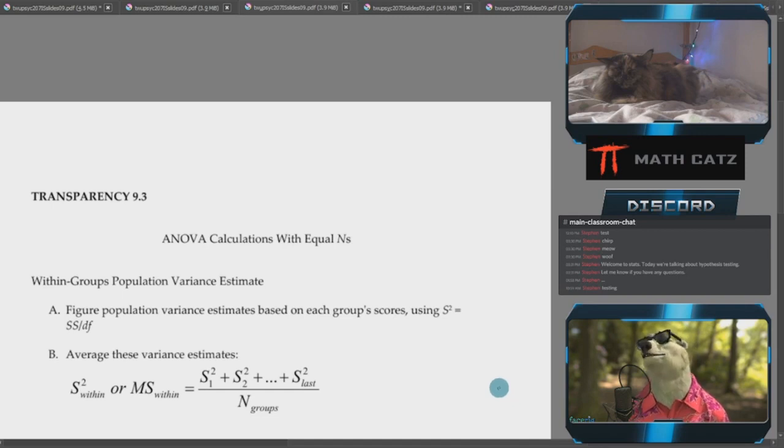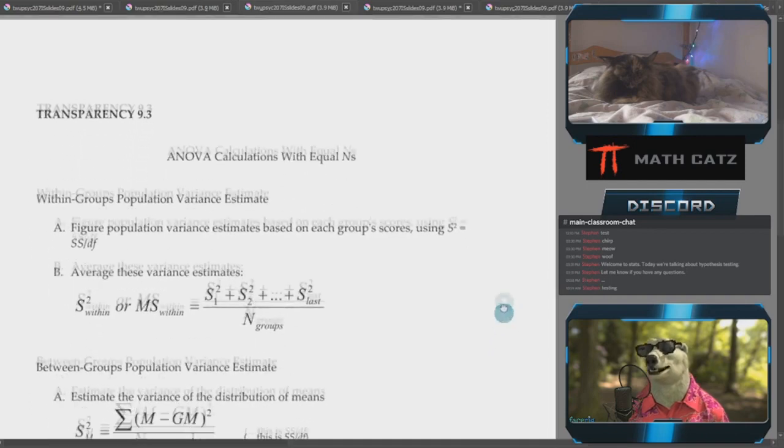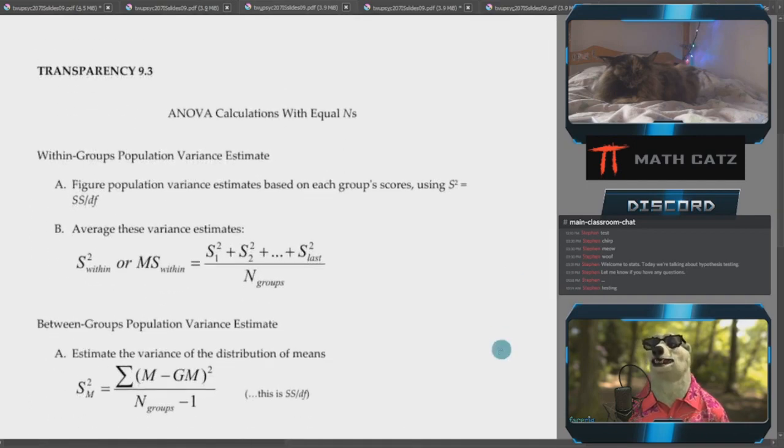Now we want to estimate the variance in a different way by looking at the groups, each group as a whole. We're going to call that the between groups variance estimate. So what I'm going to do is take the mean of each group.